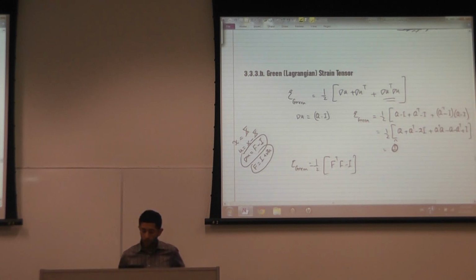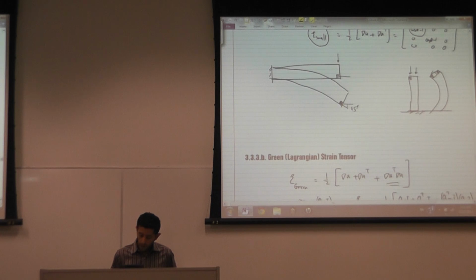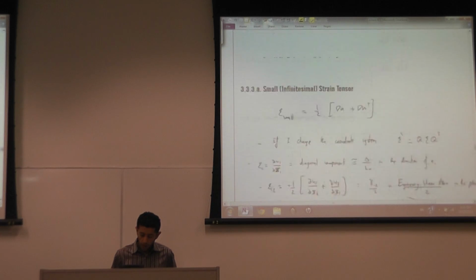So epsilon green is in fact equal to half (F transpose F minus I), which is equal to half (U squared minus I).